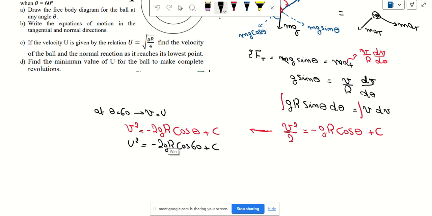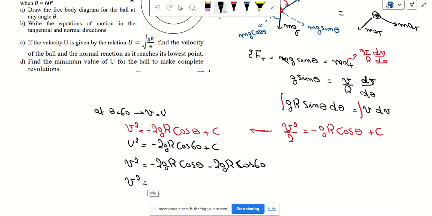Okay, and cosine 60, so we'll find that v squared is equal to negative 2gr cosine theta minus 2gr cosine 60. So I'll just simplify.